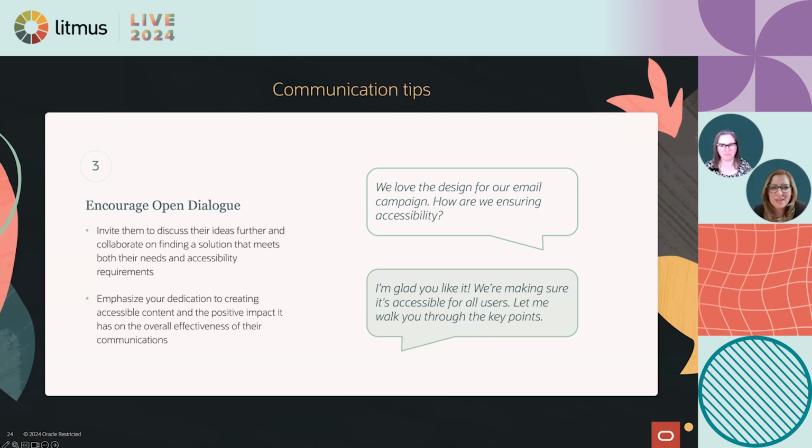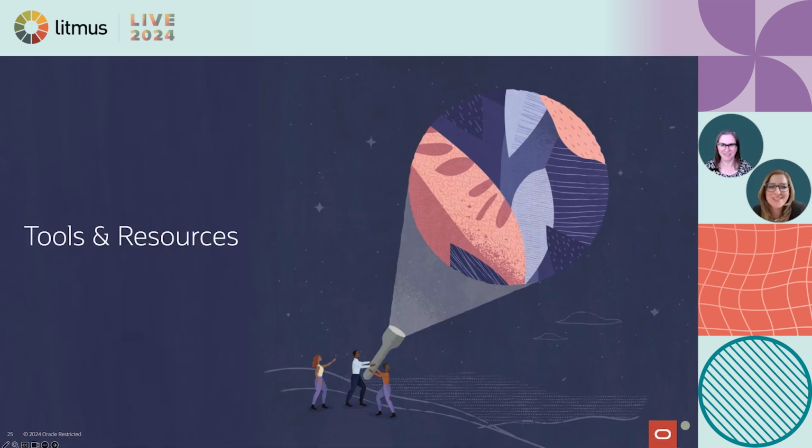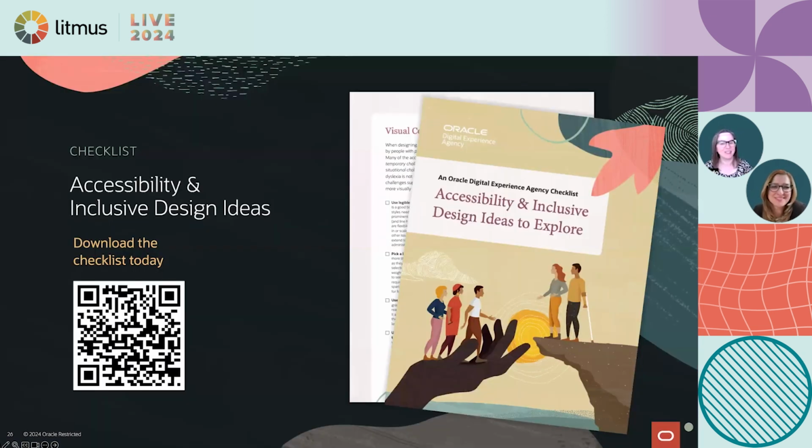So, Sarah, I think we've got to wrap it up and we've got tools and resources next. Yep, absolutely. We promised tools and resources, and here we go. So we are super excited and proud to share with you our accessibility and inclusive design ideas checklist.